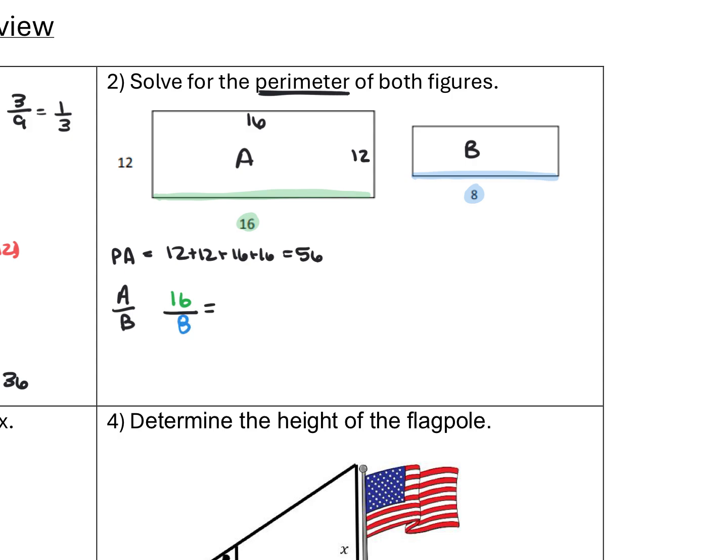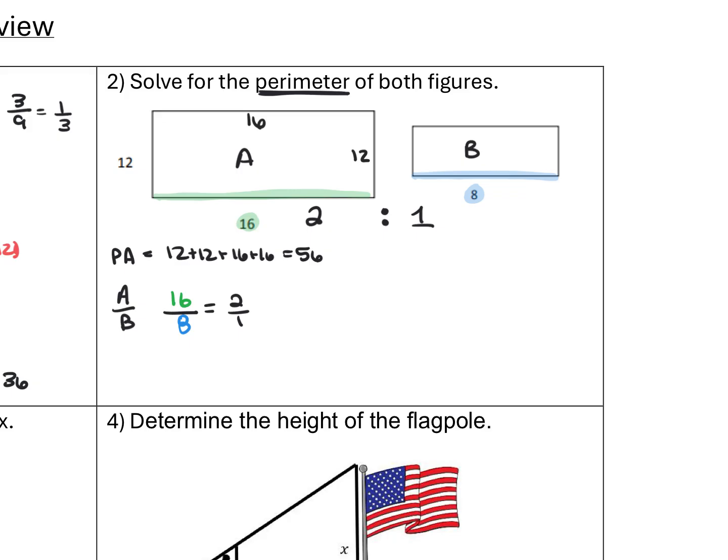Well, this is going to simplify down to 2 to 1. So my ratio is 2 to 1, which means our rectangle A is twice as big as rectangle B.